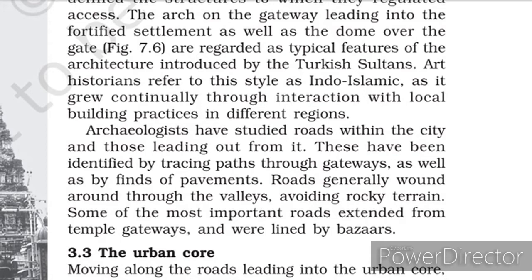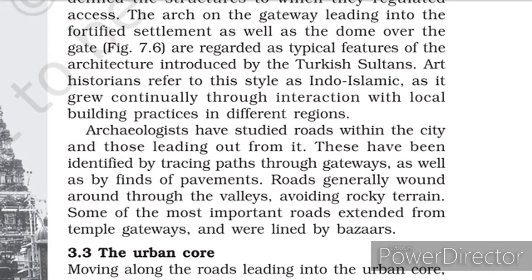The vault on the gateway that led into the fortified settlement, as well as the dome over the gate, were considered typical features of the architectural style brought into India by Turkish sultans. Now this idea was brought by Turkish sultans, and it was given to us. This type of art is also known as Indo-Islamic art.